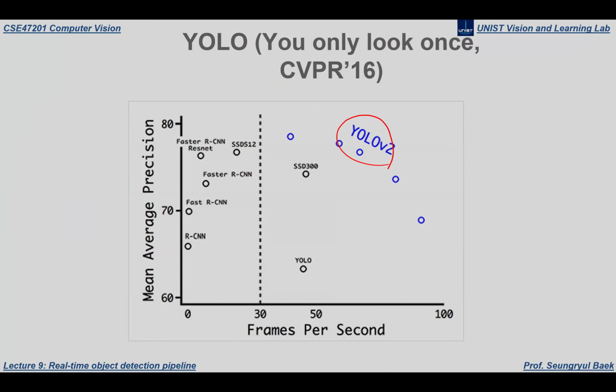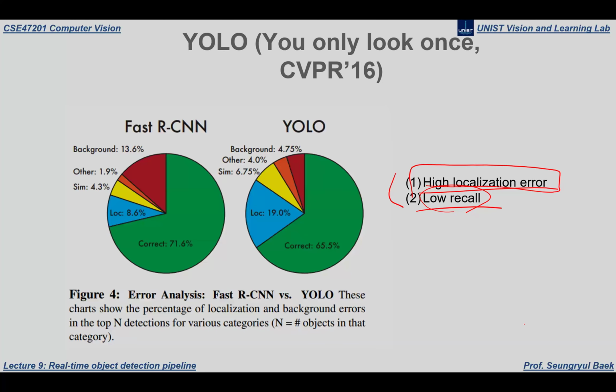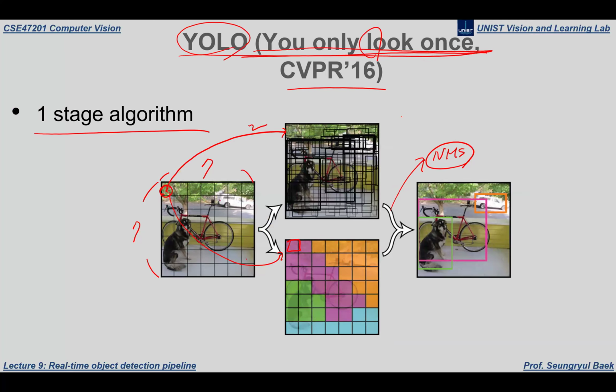One basic limitation of the YOLO algorithm is that they are only estimating 98 boxes. Basically, they are estimating 2 bounding boxes per grid cell, and there are 7x7, which is 49 grid cells, and they estimate 2 bounding boxes for each.